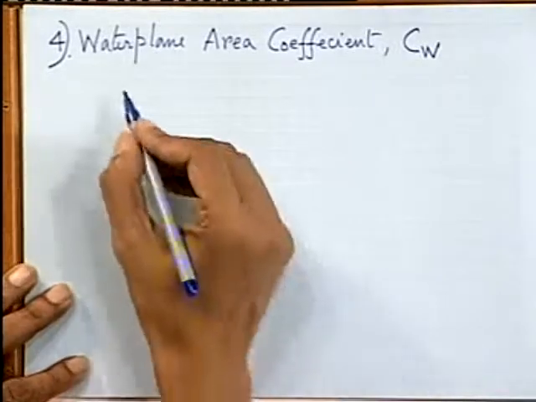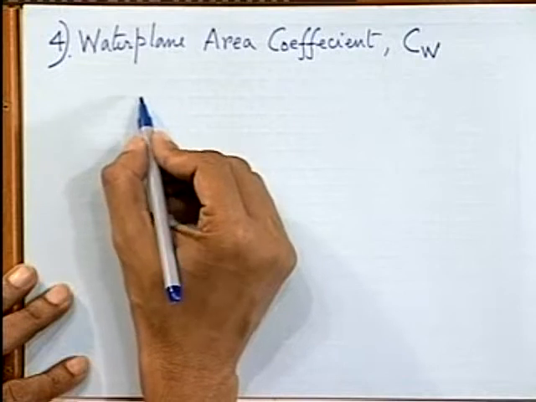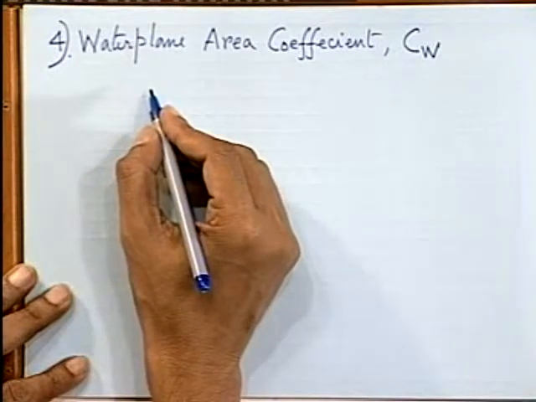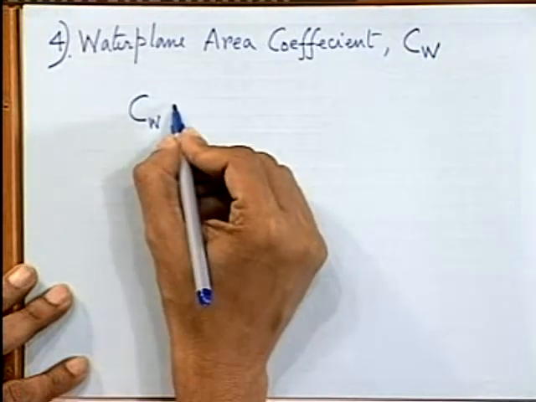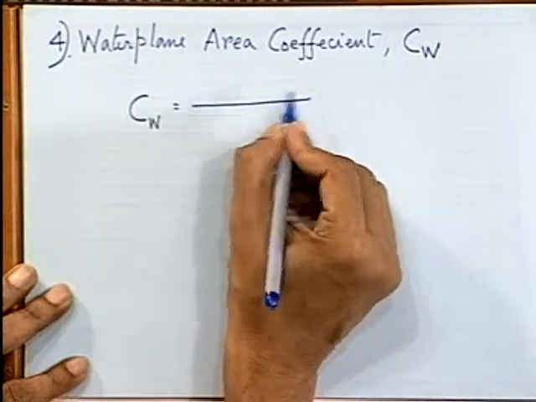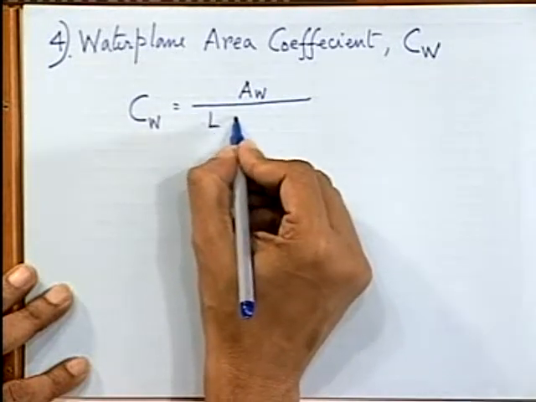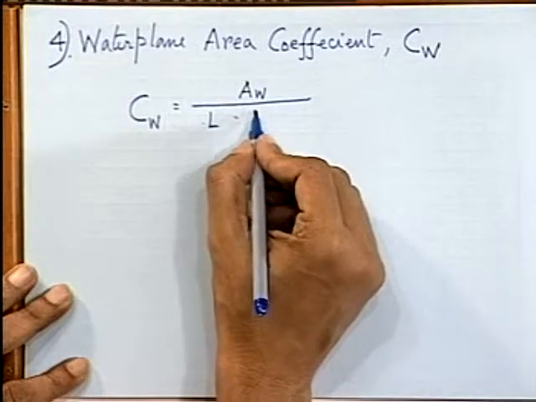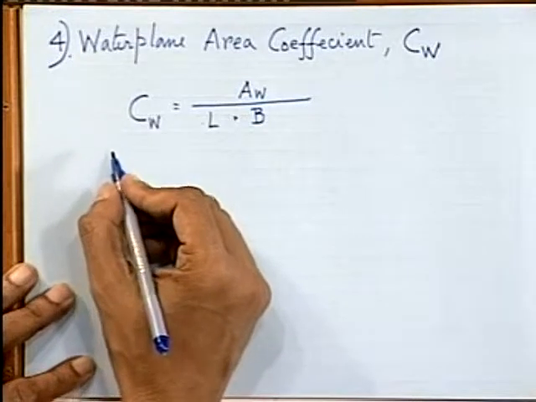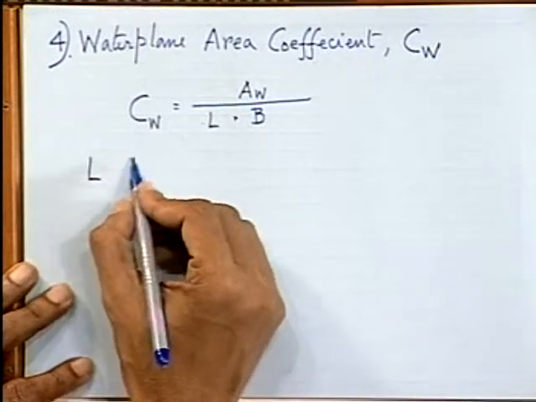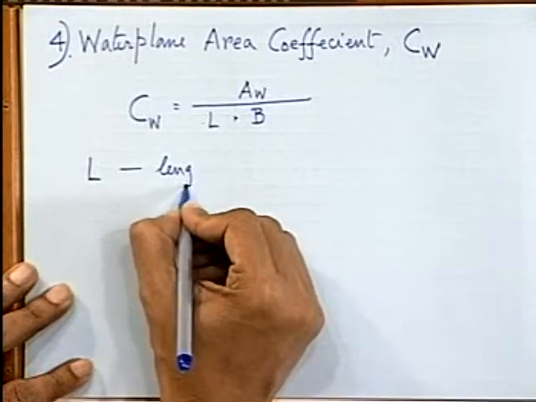So that gives the proportion of the water plane area. Now Cw is given as the ratio of the area of water plane divided by length multiplied by the breadth, but length here you take the length of the circumscribing rectangle.